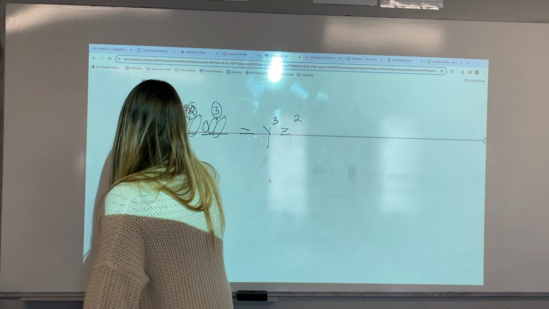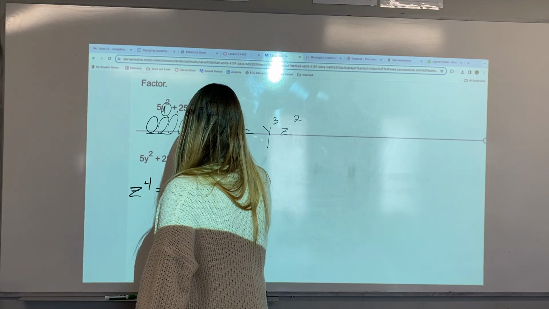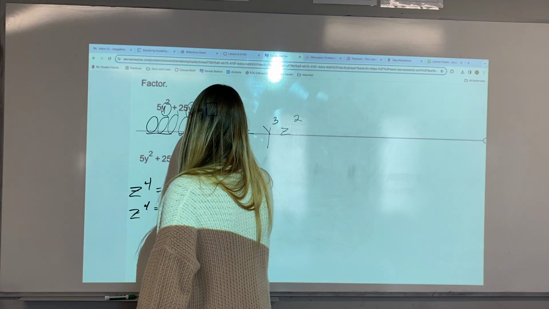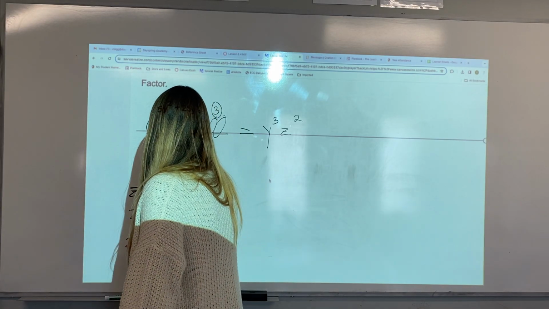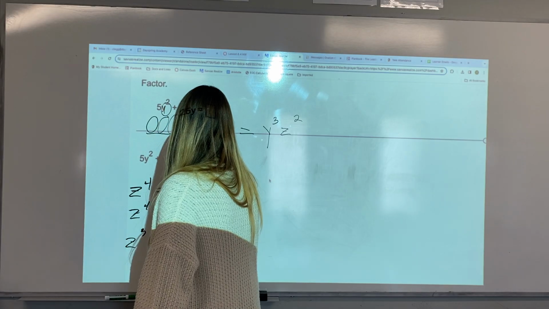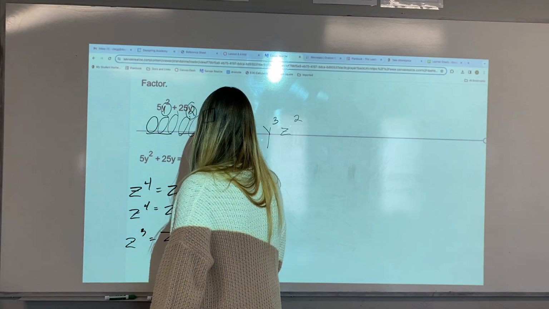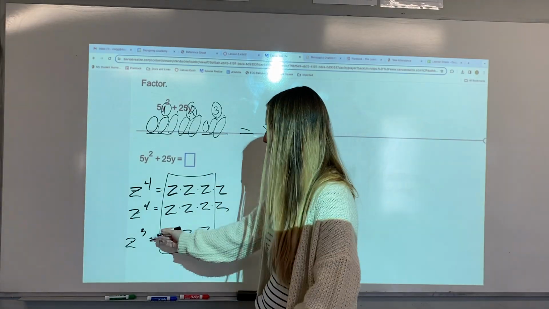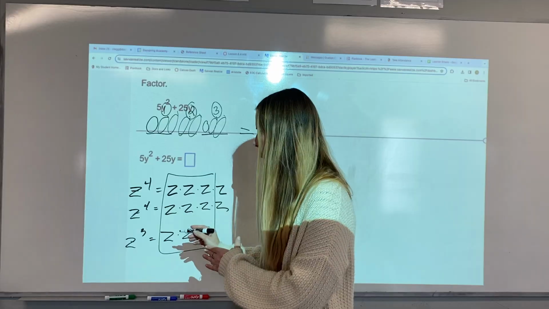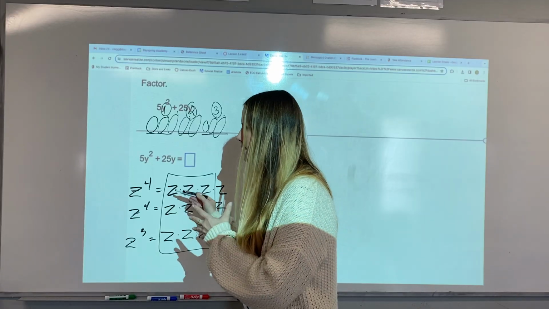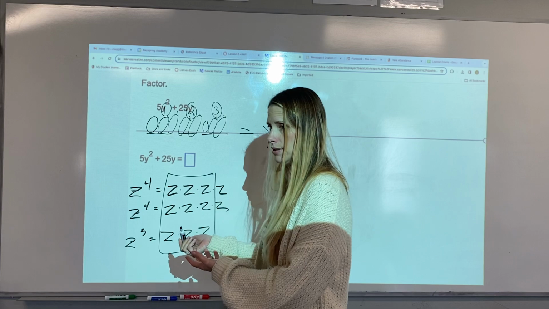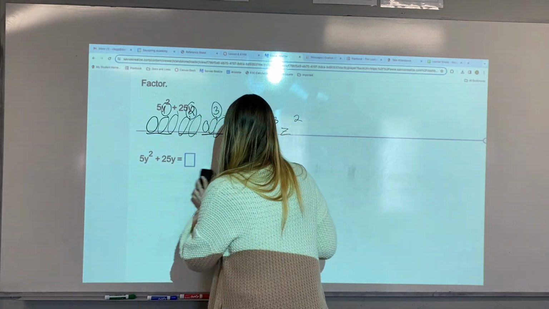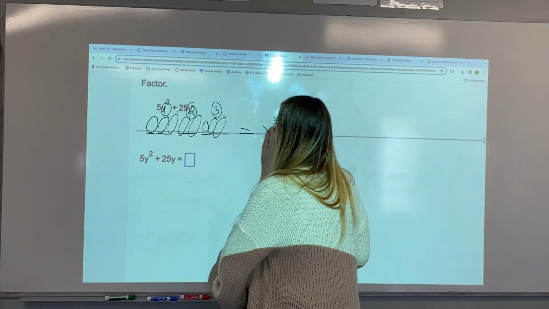Z to the fourth looks like this: Z times Z times Z times Z. Z to the third, Z times Z times Z. What do they have in common? Z to the third. So all you have to do is find the lowest exponent that's there, and that will give you the common factor.